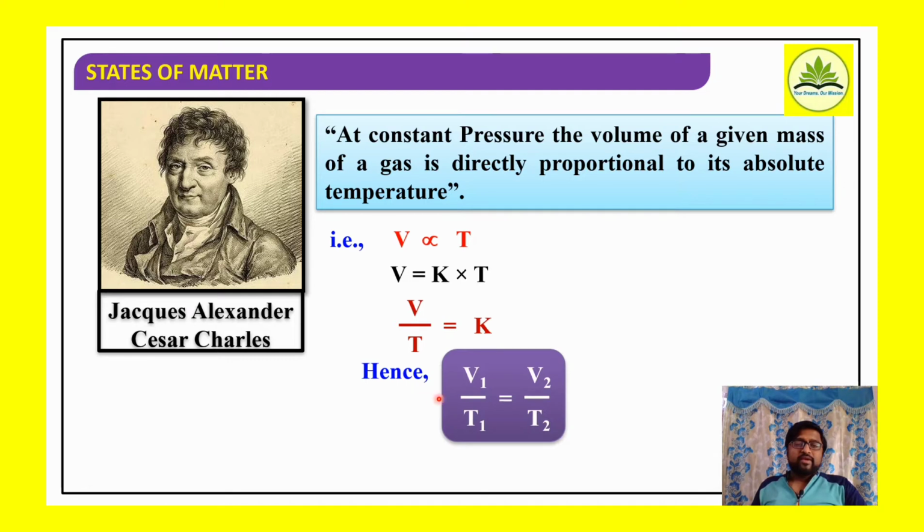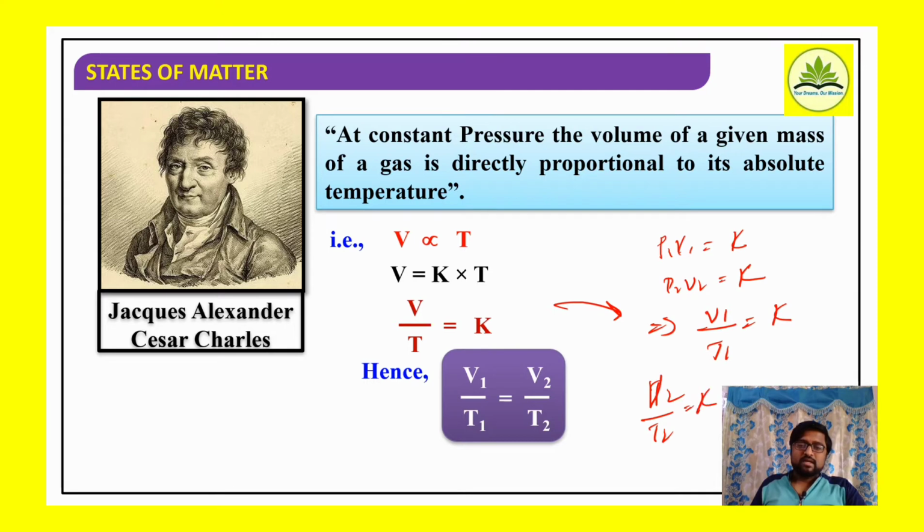If the measurement is done at different volumes and corresponding temperatures, then as with P1 V1 is equal to a constant and P2 V2 is equal to a constant, similarly here V1 by T1 is equal to a constant, V2 by T2 is equal to a constant.